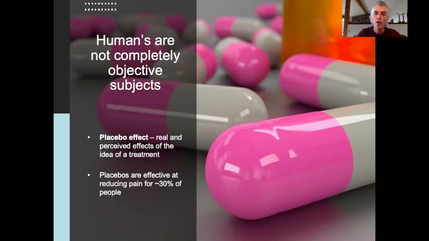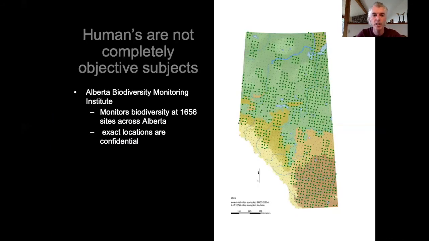And this can occur not only in experimental scenarios, but also in observational scenarios. The Alberta Biodiversity Monitoring Institute measures biodiversity at 20-kilometer intervals throughout the province of Alberta to try and determine how human land use is affecting biodiversity in the province.